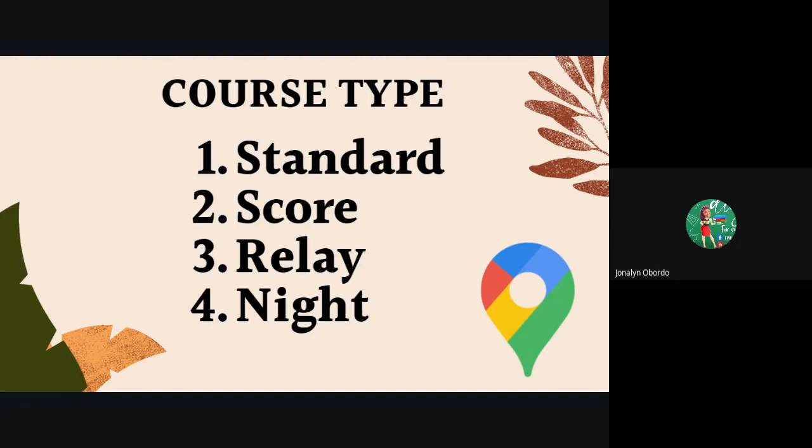Here, for example, you have point A, B, C, and D. The leader is at point A, or whoever you assign to that specific point.